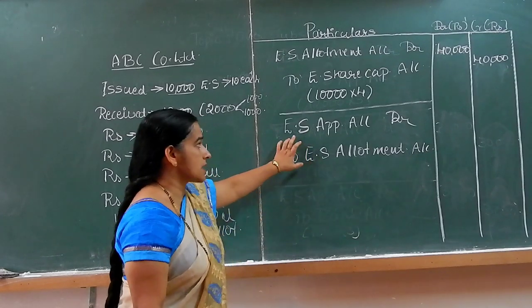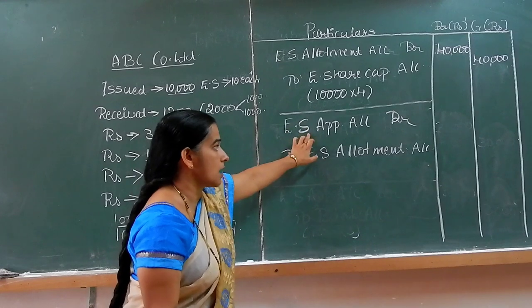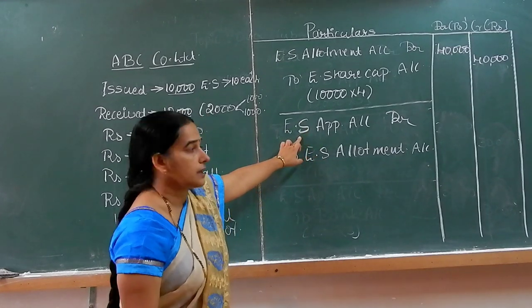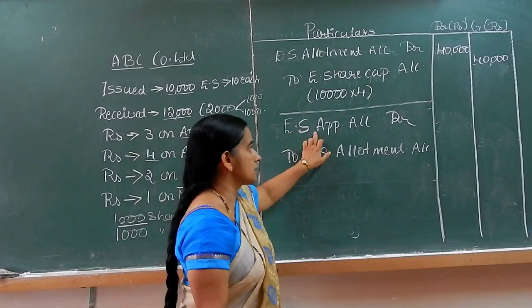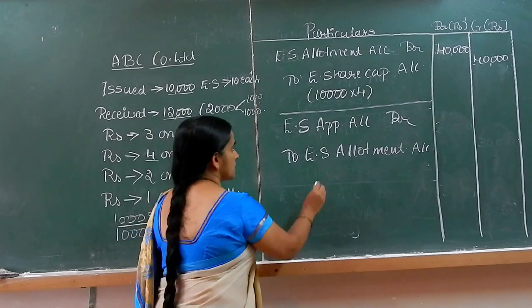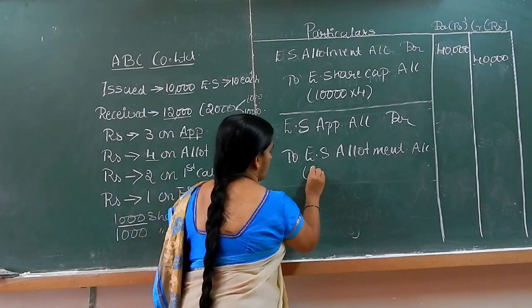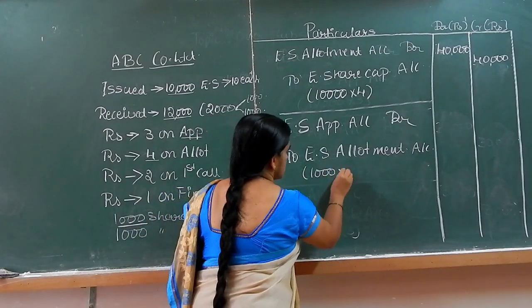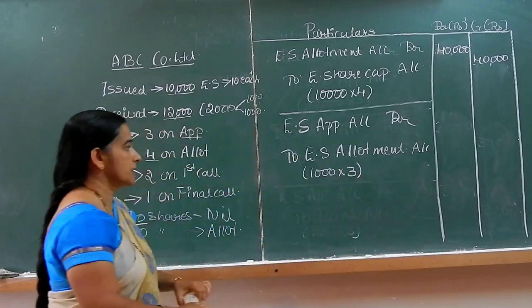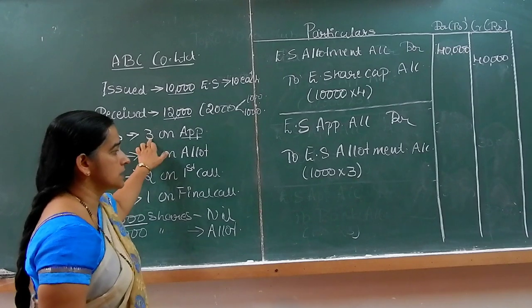So when the money is transferred from application account to allotment, we have to make this journal entry, that is equity share application account debtor to equity share allotment account. Now what is the amount? 1000 into what is the application money? That is 3 rupee on each application. So 1000 into 3.